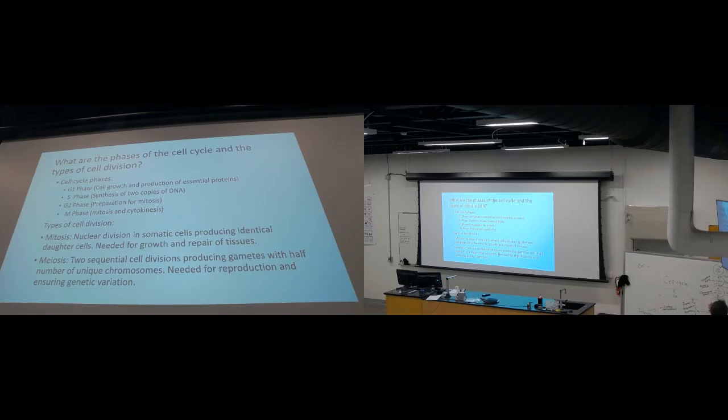And then you have a little indentation in the cell that is going to be called the cleavage furrow. So as telophase goes from beginning to end, this cleavage furrow will become deeper, and then you separate the cells, and then you have two daughter cells. Hopefully with an equal number of chromosomes, no mutations, and an equal number of organelles.